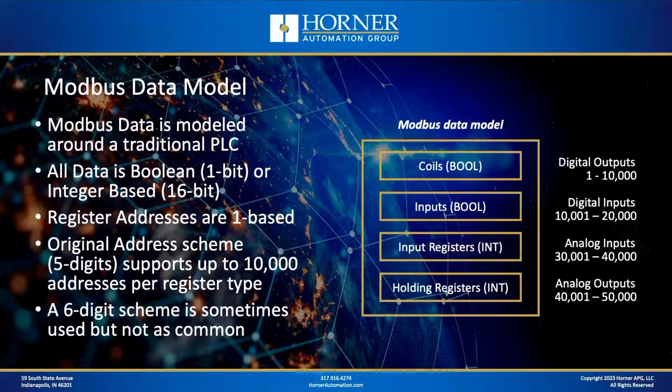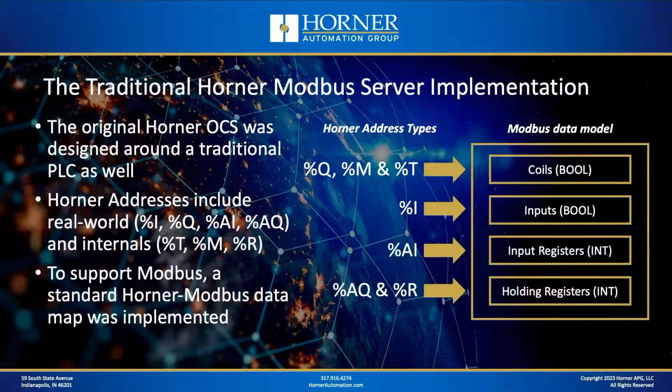Now let's talk about how traditionally Horner has implemented Modbus in its product. So just like Modbus is based on a traditional PLC model with 16-bit registers and 1-bit Boolean type addresses, the original OCS was based on a similar architecture.